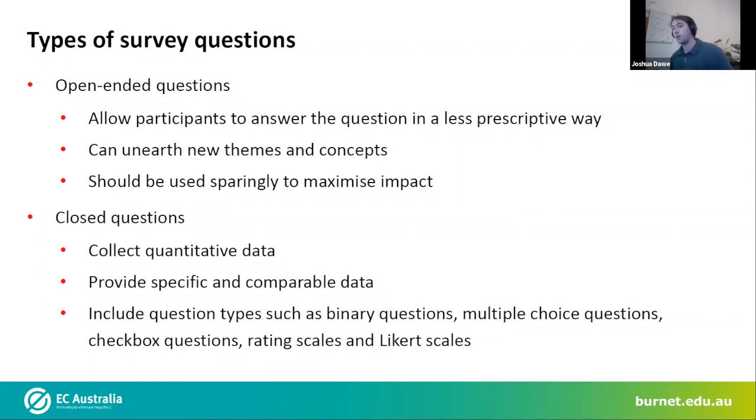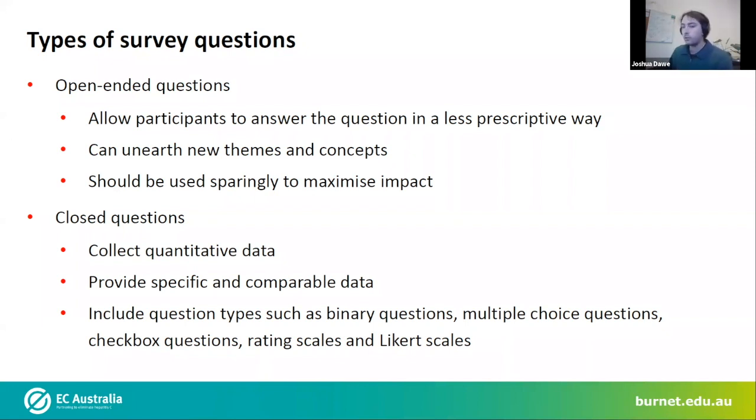They're really powerful questions, but they are time-consuming for participants to answer, and also quite time-consuming to analyse. So if you want to maximise the impact of these questions, don't overuse them.